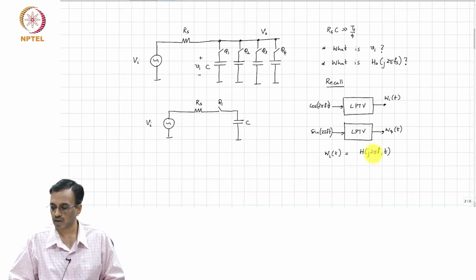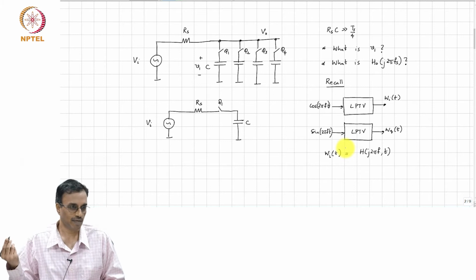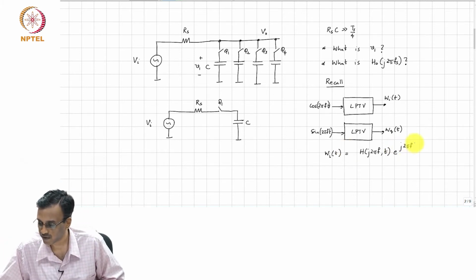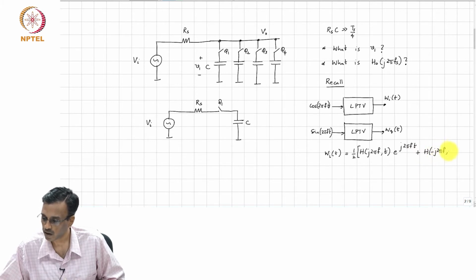In this case, this h of j 2 pi f comma t will be periodic with frequency Fs, right. So, this times e to the j 2 pi f t plus h of minus j 2 pi f comma t e to the minus j 2 pi f t.